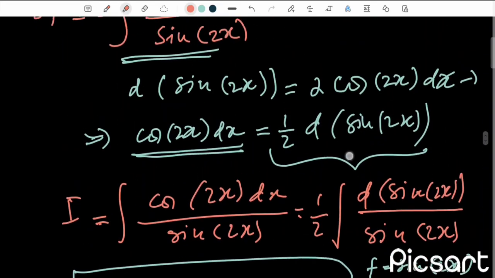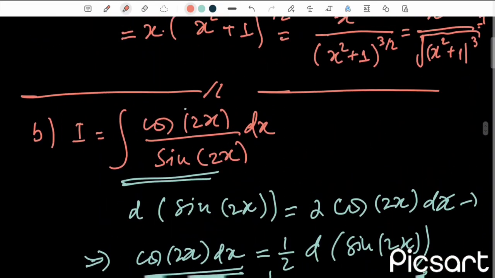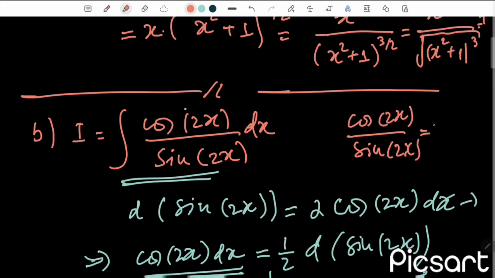Here also we can see that cos of 2x over sine of 2x is equal to the inverse of the tan of 2x, which is cot of 2x.